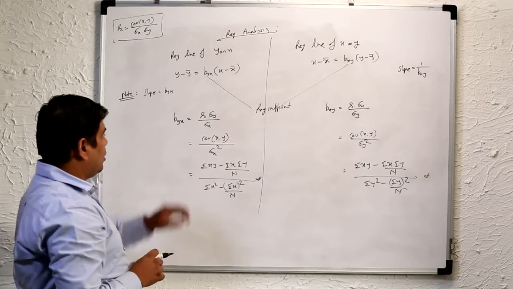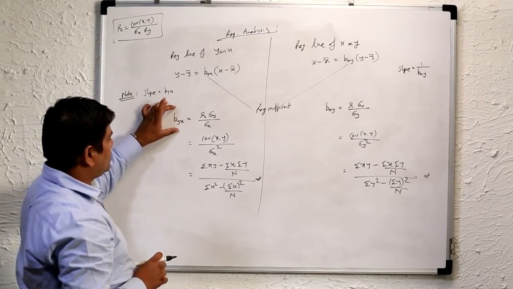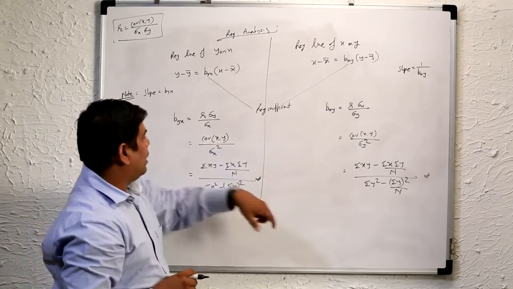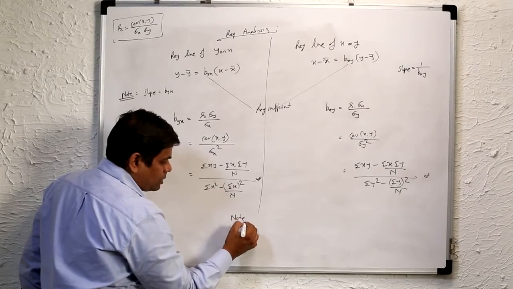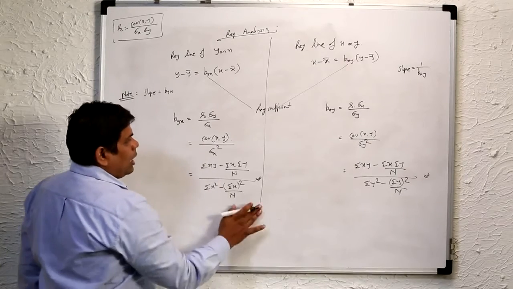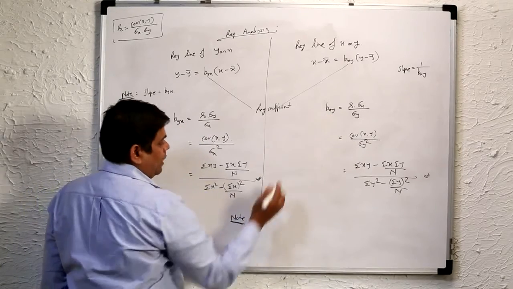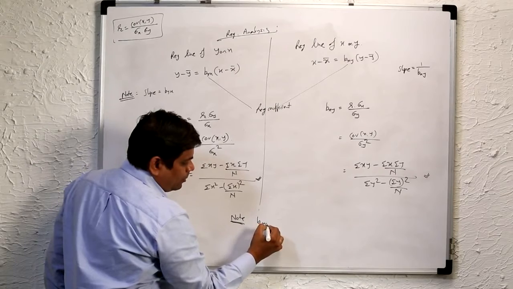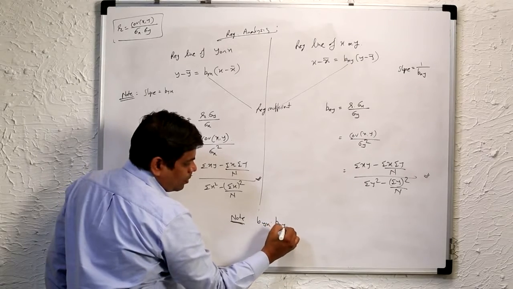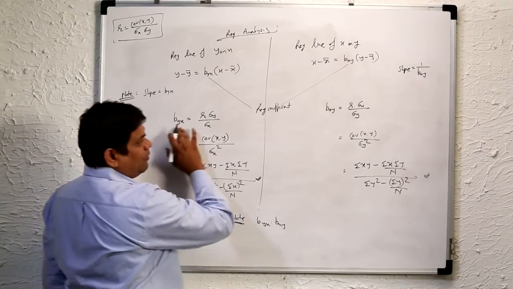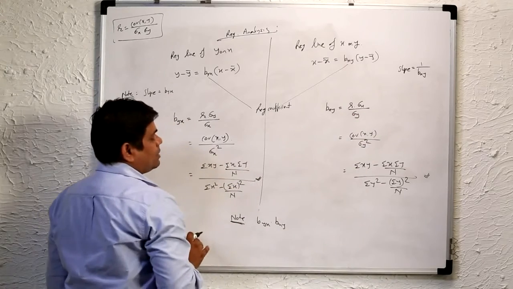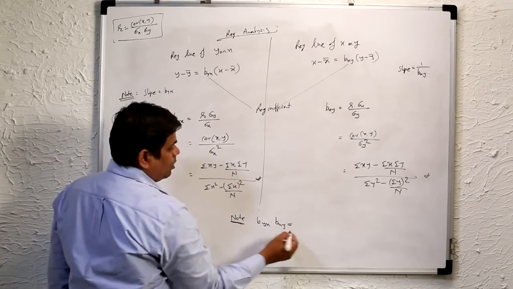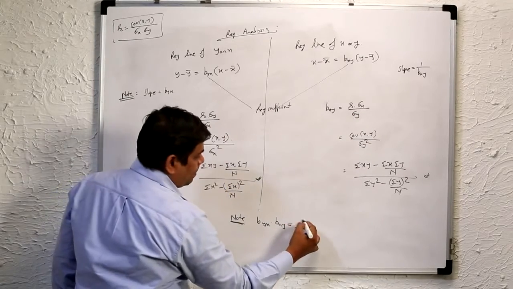Let us see what the relation is between byx, bxy and r. Now, a very important relation. Note this: if you multiply byx with bxy, observe what you are going to get. The right hand side will get multiplied with the right hand side of the other, so you are going to get only r square.